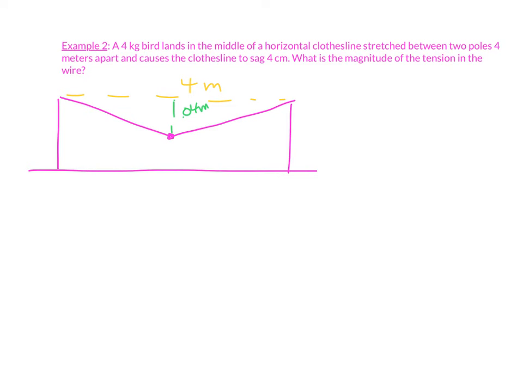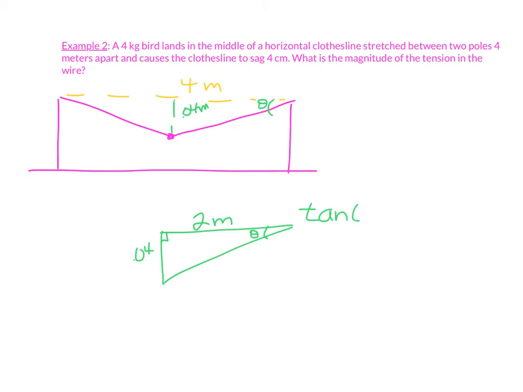So I'm going to start by drawing this triangle. This is going to be the right half of the clothesline. This side right here is 0.04. This side up here is 2 meters. Keep in mind this is half of 4. I do not know my theta, my angle there. That's going to be this angle right here, by the way, but I can find it using tangent.